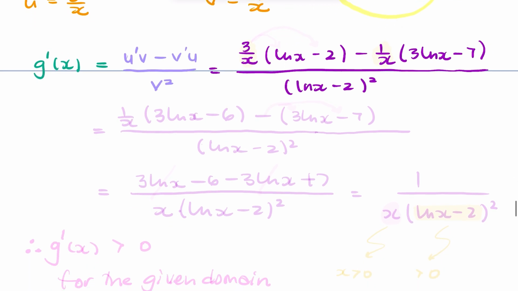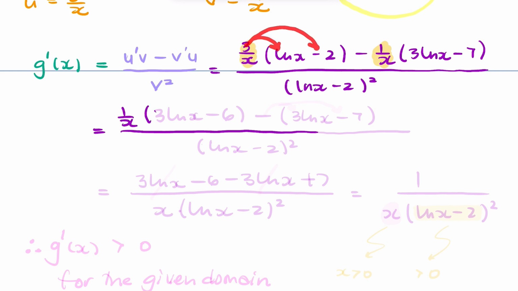So we're trying to show that this is positive. So I'm going to try to simplify it. If you look at the numerator, you've got 1 over x there, and you've got 3 over x there. We can take 1 over x as a common factor. So that's 1 over x in the numerator, and then you're going to have 3 times ln x minus 2.